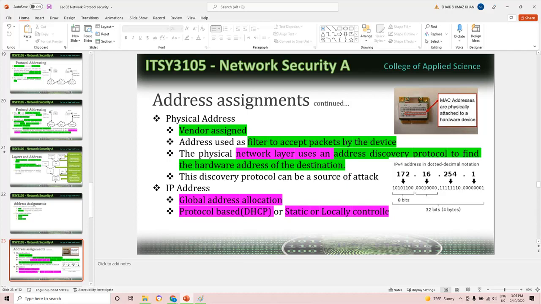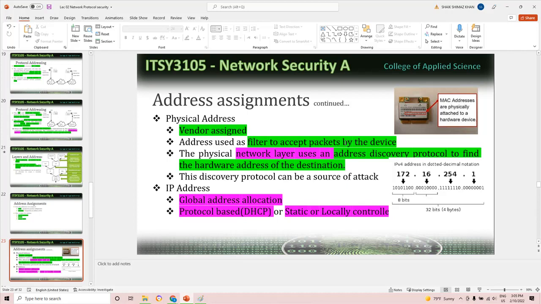Suppose in the parcel there is no address of you, there is no phone number of you, there is no home address. You can clearly see this is for another person in the next building, then you will not take, right? So similarly, each and every system will accept the frame based on the MAC address. So that is called a filter to accept packets by the device.